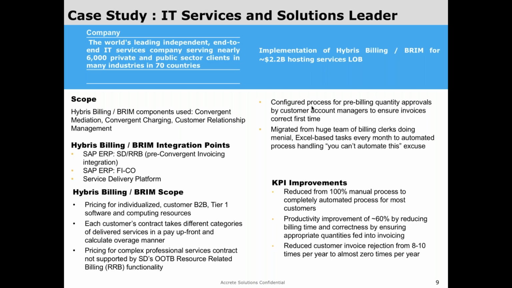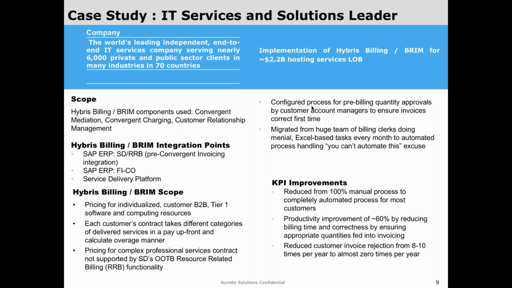We're using it there to handle a line of business that not only does hosting services. It's about a $2.2 billion line of business per year. That's what their scope is, and what we're using is convergent mediation, convergent charging, and customer relationship management, which is the version of SOM before SOM existed.